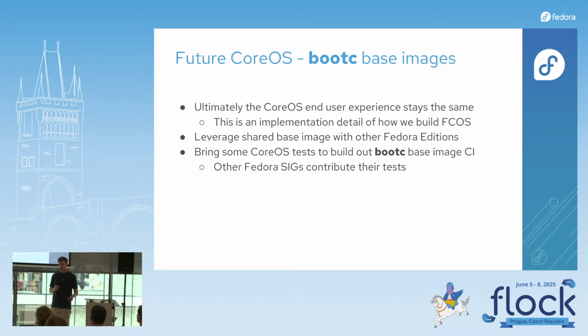But the goal here is actually that we leverage the shared base image with other Fedora editions. So we can bring our CoreOS tests to build out the bootc base image CI. Other Fedora SIGs can contribute their own tests, and we're all working on them together. So structurally, it makes sense for us to organize that way. But like I said, it's mostly an implementation detail, and hopefully the users don't see a difference.